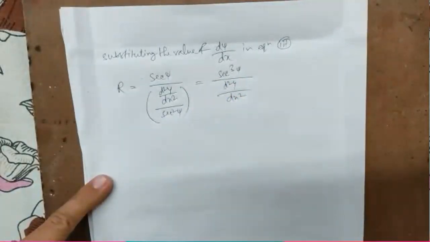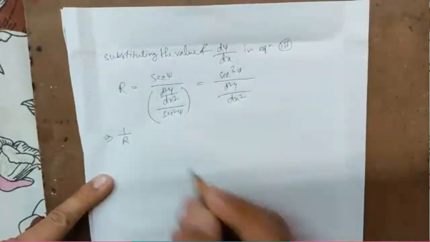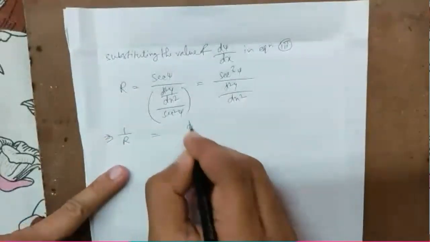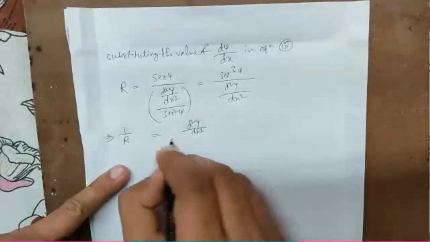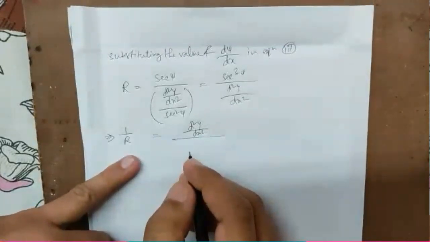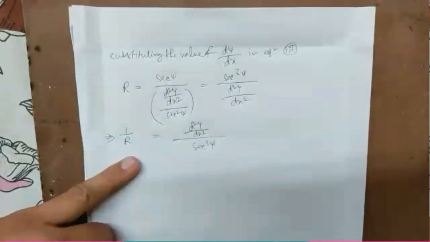So now if we take a reciprocal in both sides, it becomes 1 by r is equal to d2y dx2 divided by sec cube psi.